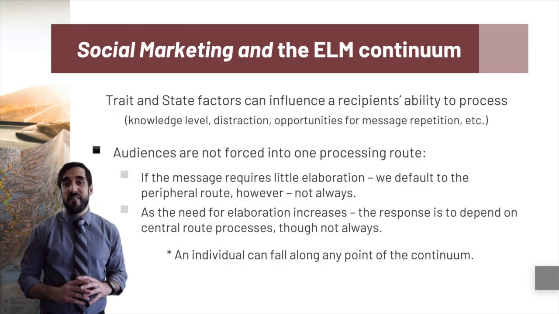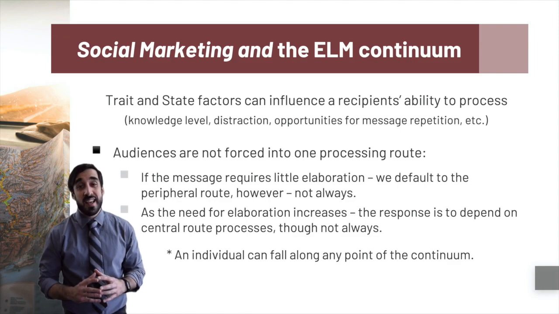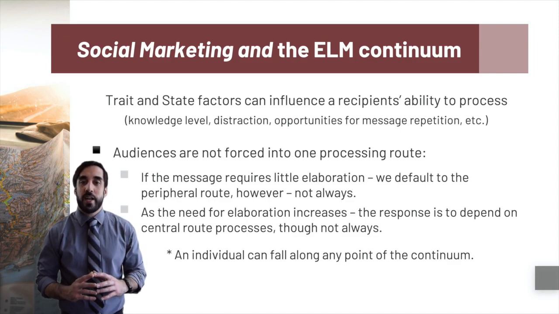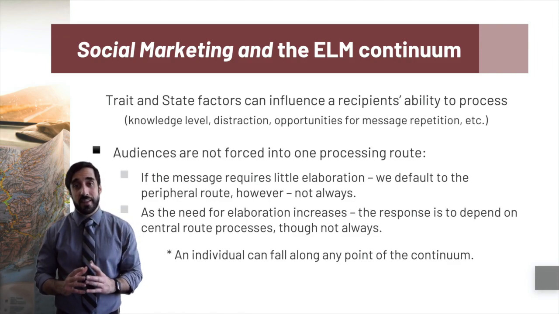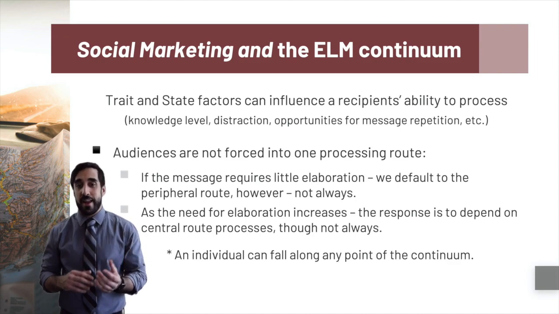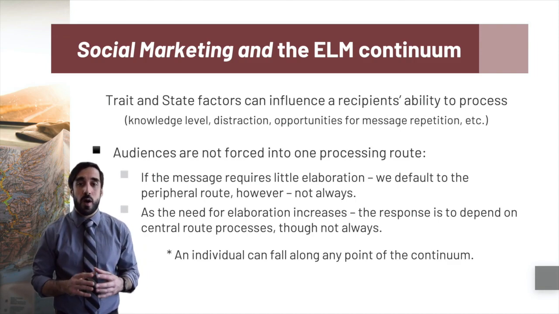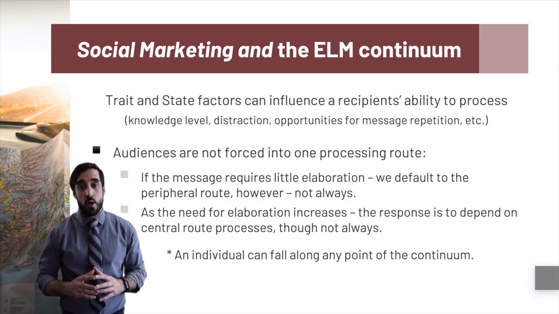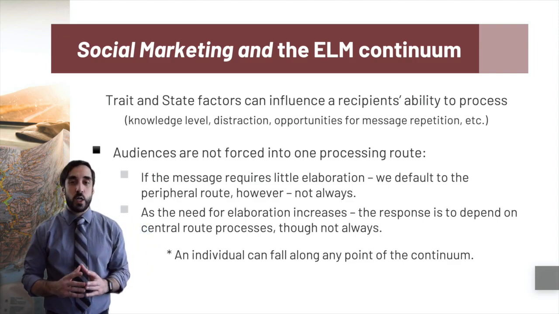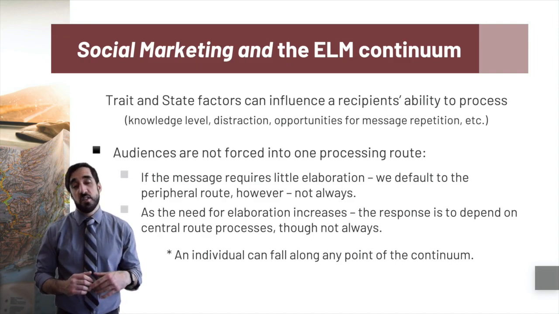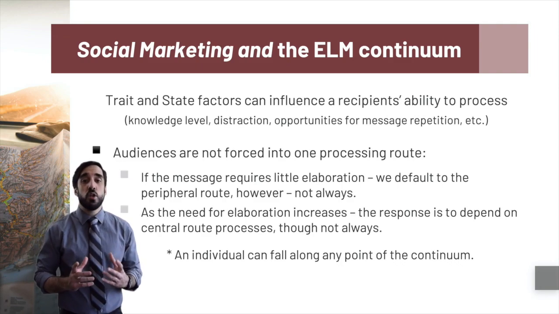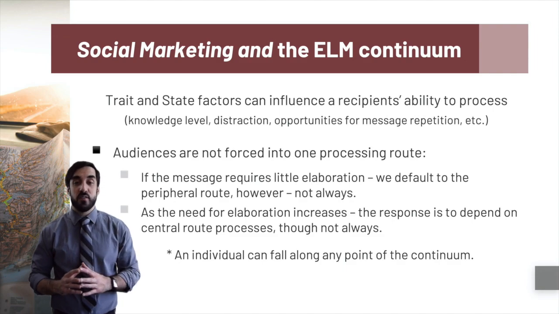We previously defined those state characteristics as things that otherwise don't change in the context of a speech. Things like the audience's demographics, their age, their race, their gender, and so on aren't going to change in the context of a 7 to 12 minute speech. Alternatively, we described trait characteristics as those things like the audience's mood or their fatigue, which could change throughout the body of a speech.